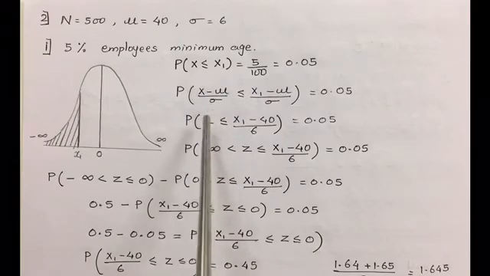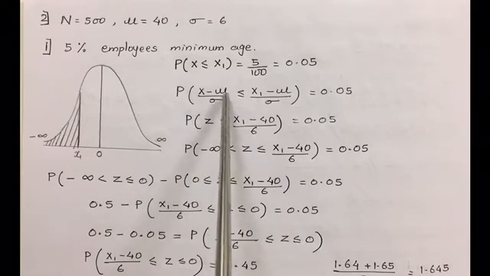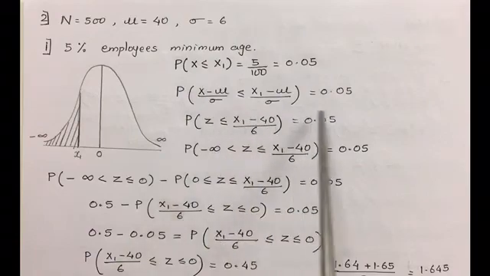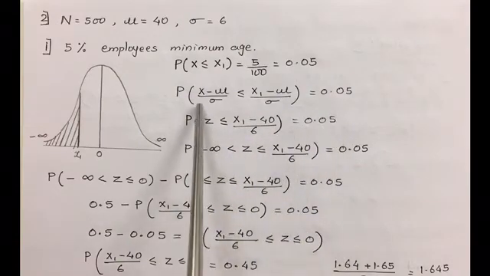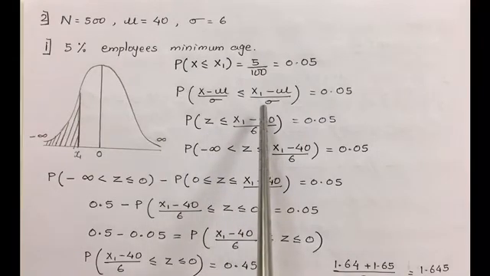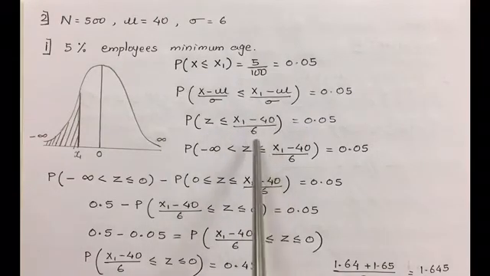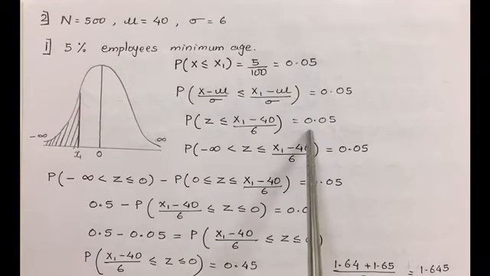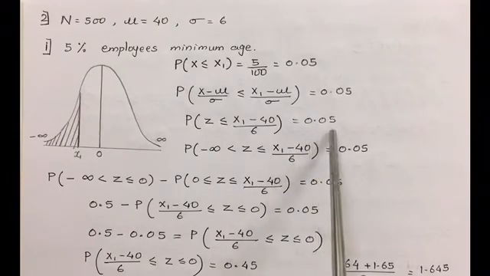Standardizing the variable by x minus mu divided by sigma, x minus mu upon sigma is converted into z, and (x1 minus 40) divided by 6 is equal to 0.05.